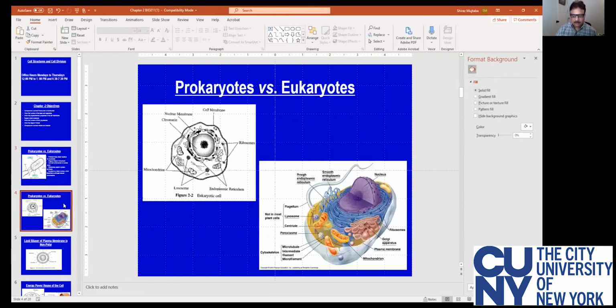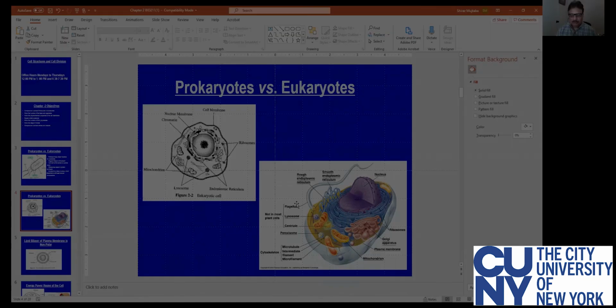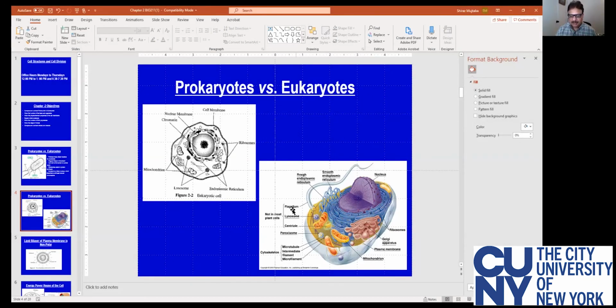If we compare eukaryotic cells, they have a nucleus which contains chromosomes, and the nucleus is separated from other parts of the cell by the nuclear membrane or nuclear envelope. Within the cytoplasm, you have ribosomes, you have Golgi apparatus, then mitochondria. These are eukaryotic cells, like algae cells.